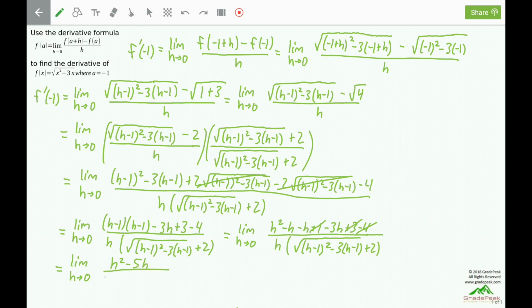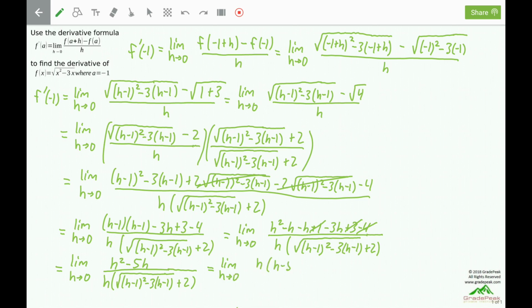All of this divided by that entire denominator, which we just keep rewriting. We now have an h that can factor out of the numerator, and that will cancel with the h in the denominator.